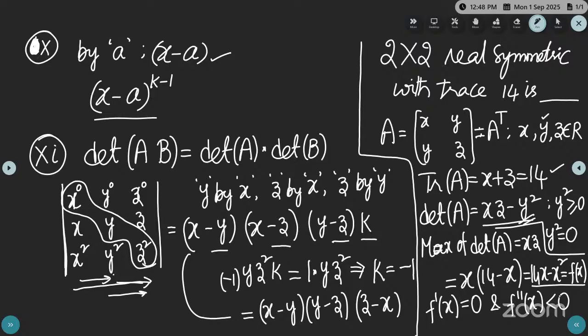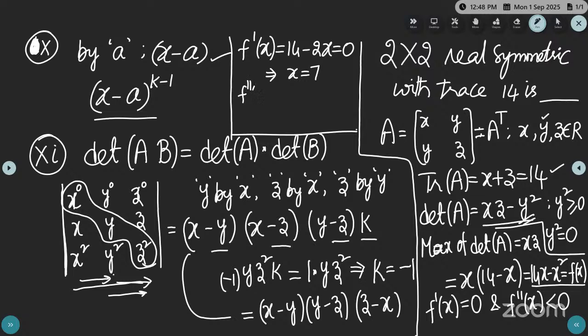Dash means derivative. f dash of x equals 14 minus 2x equals 0, so x equals 7.